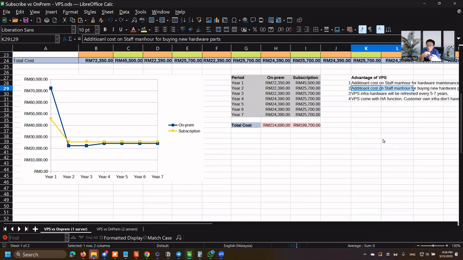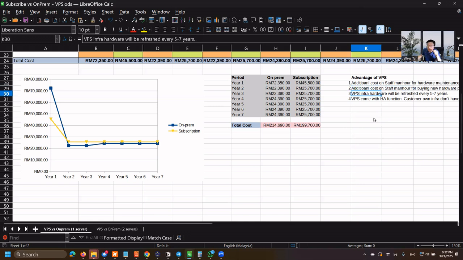Doing this, you need to find the correct model, compare the price, and arrange the project for the installation. These are all costs incurred inside your workforce. You don't need to do all these things, because they are all taken care of by the service provider in the cloud, and it's just a few clicks away. So basically, there is no extra cost for you when you upgrade or change any specification of the server.